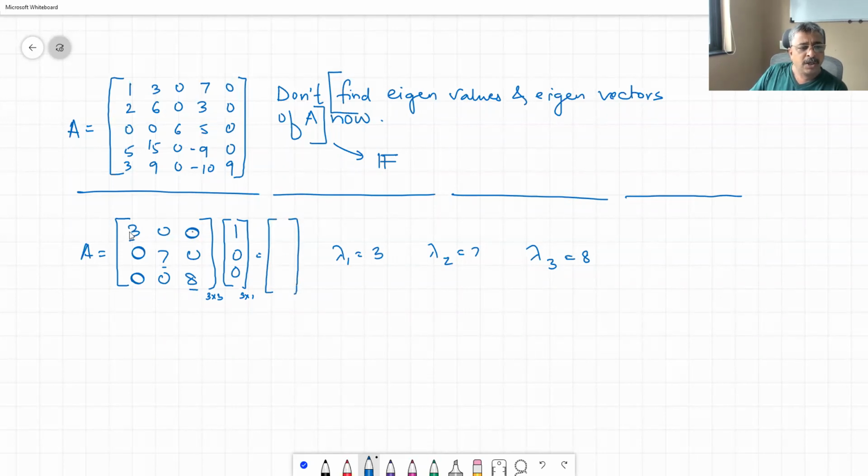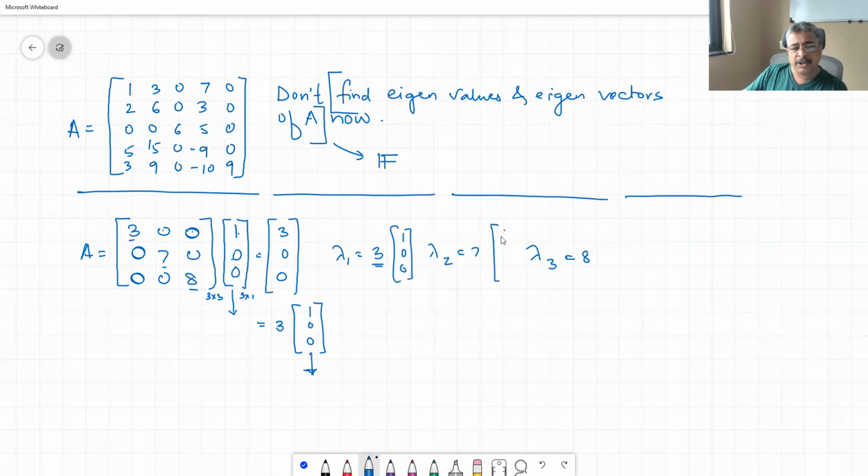Because these are two zeros, 3 into 1, 0 into 0, 0 into 0, you will end up getting 3 0 0, right? And 3 0 0 is definitely a multiple of 1 0 0, and therefore you can write this as 3 times 1 0 0. So if this is your eigenvector, then you retrieve the same vector back by a multiplier of 3. So 3 is your eigenvalue and 1 0 0 is your eigenvector.